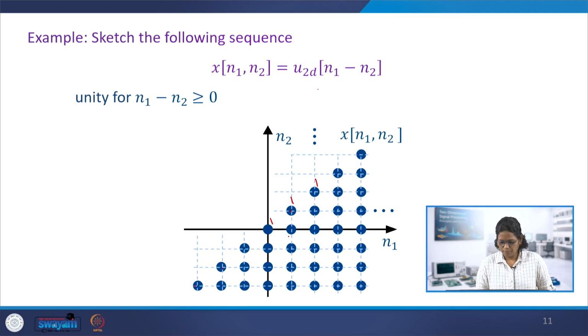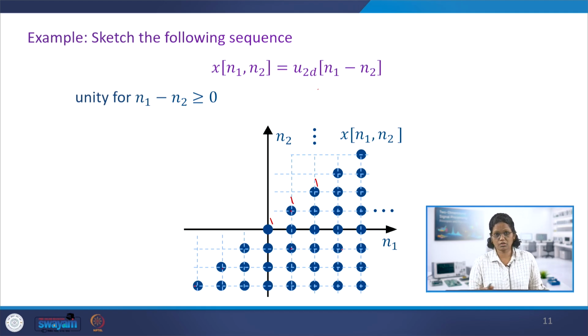And what about the other conditions? Suppose n1 is 1 and n2 is 0, so n1 is greater than n2, and this is valid. Similarly, if n1 is 1 and n2 is minus 1, that is also valid. Since n1 is greater than n2, all the values are 1.